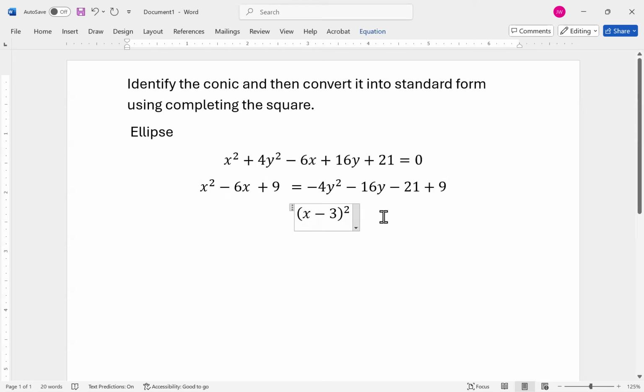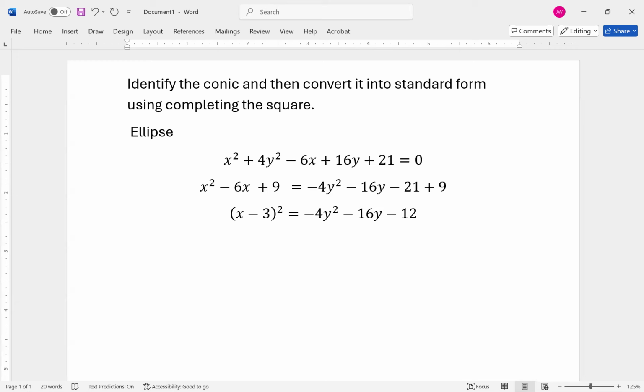So to complete the square for the x, I just do x minus 3 squared is equal to negative 4 times y squared minus 16y, and then minus 20, or excuse me, negative 21 plus 9 becomes a minus 12. So I've completed the square with the x parts.